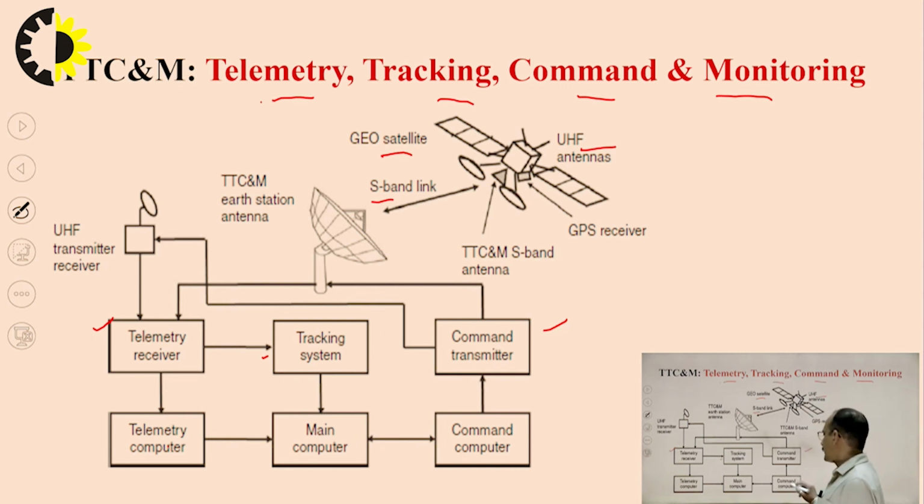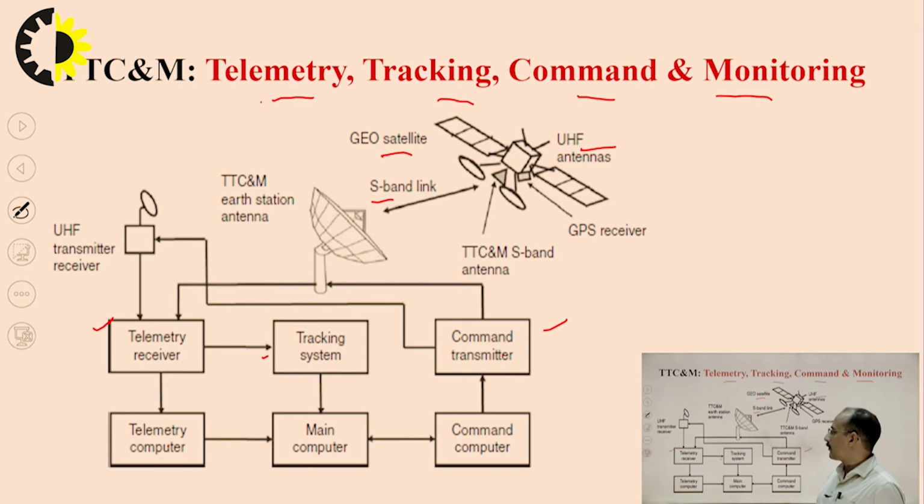That command will be given to the command computer, and the command computer will give that command to the command transmitter, and that data will be transmitted through the same antenna to the satellite. Also a UHF transmitter or receiver is used, the same for the telemetry receiver part.